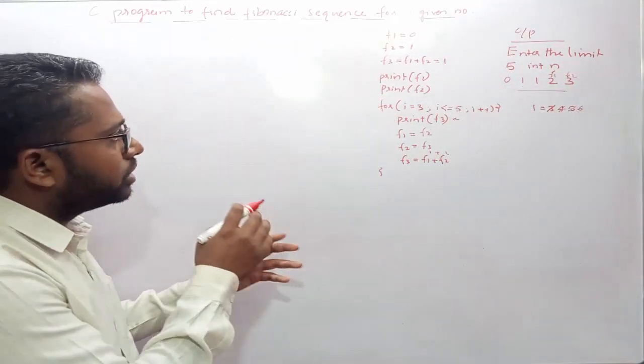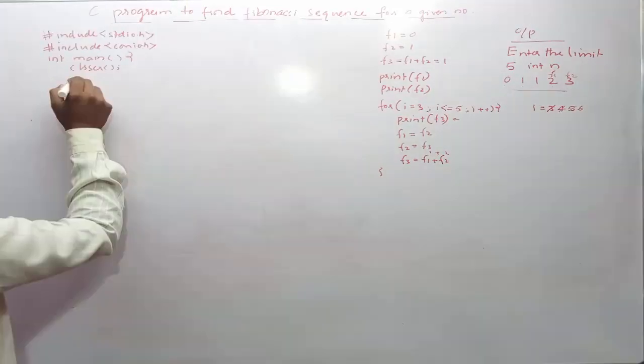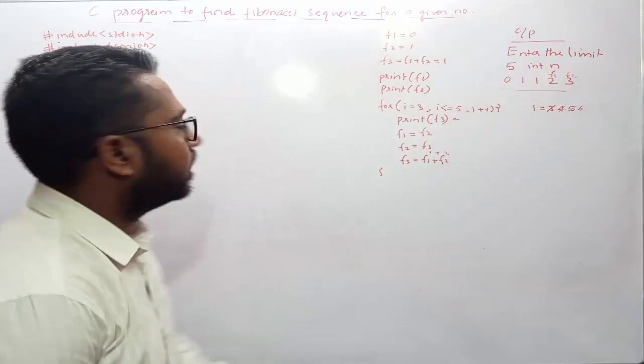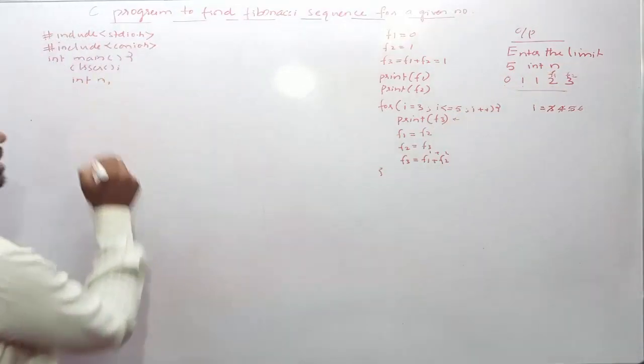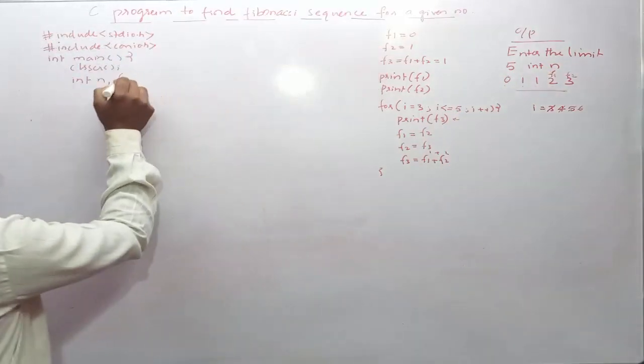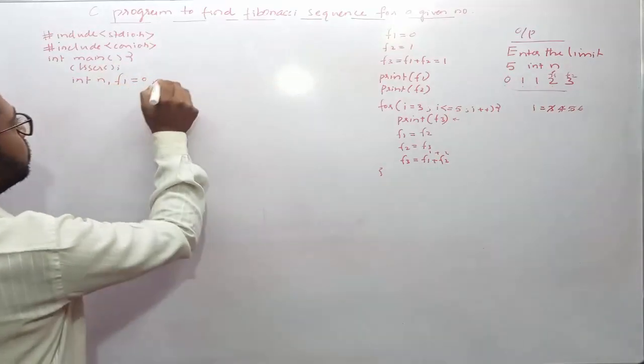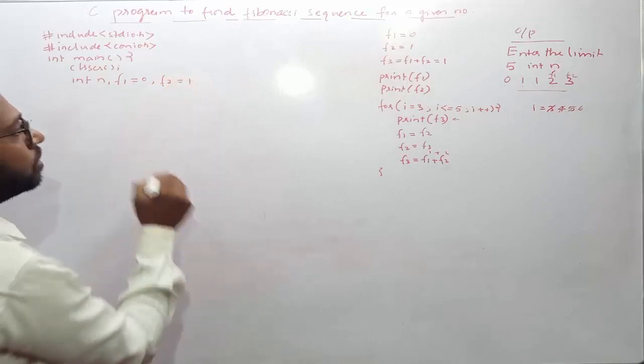Now I will use this logic to write a C program. Yes. Now I need to declare a few variables. First variable is n. Then second one is F1, and I need to initialize a value of 0. Then F2, initialize a value 1.